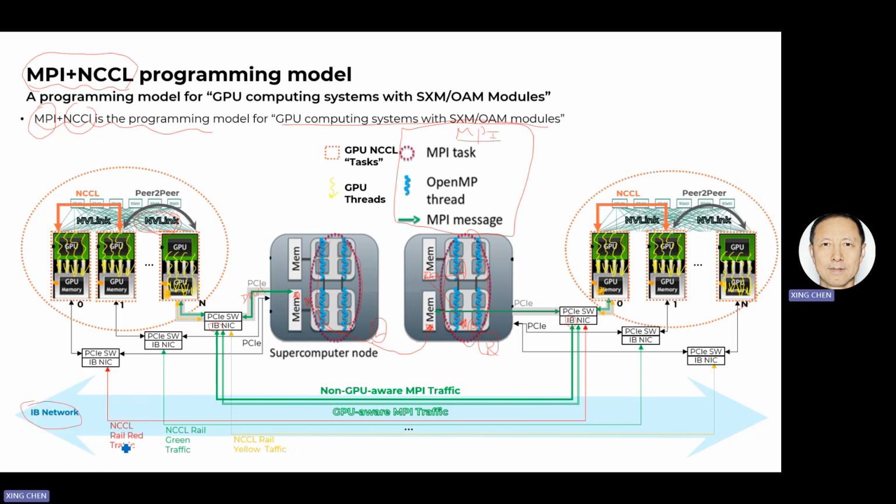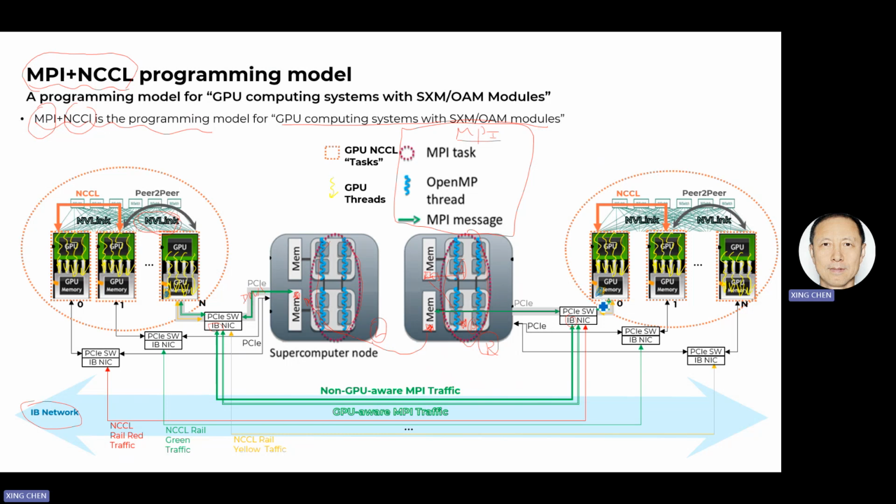So what you want to do is send the data here to here. And in this case, you cannot use the non-GPU-aware MPI library. You have to use the GPU-aware MPI library, because only the GPU-aware MPI library can work with the GPU memory.